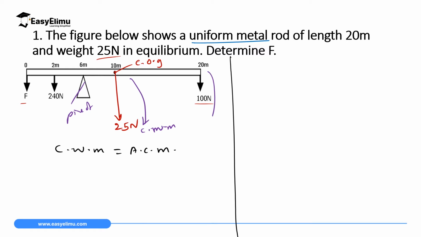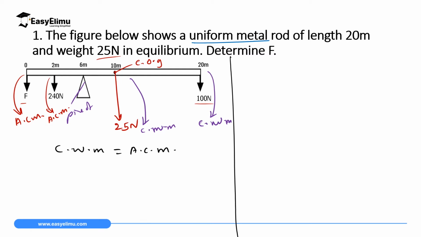Then this 100 here will give it a clockwise moment. Then the force F will give it an anti-clockwise moment. Then this force of 240 will also give it an anti-clockwise moment. So we have two clockwise moments and two anti-clockwise moments.